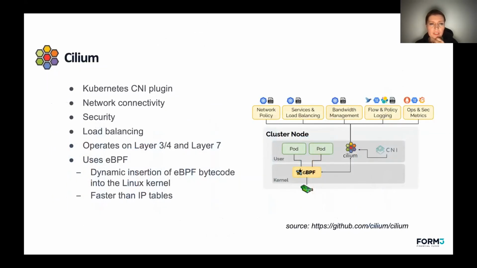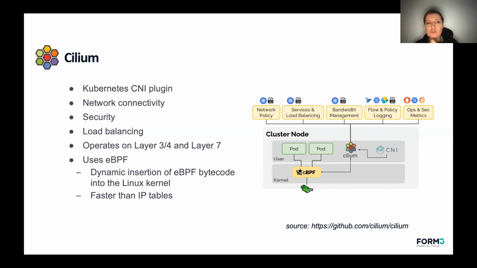Cilium advertises itself as a very fast CNI plugin, operating using eBPF, so some sort of dynamic insertions directly into the Linux kernel. Instead of iptables, they use routing based on this inserted code.